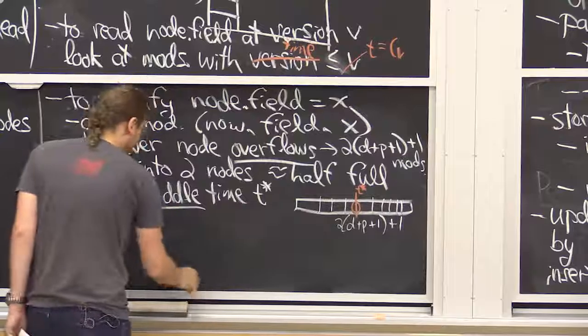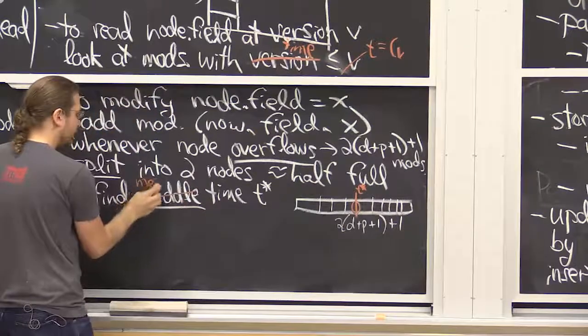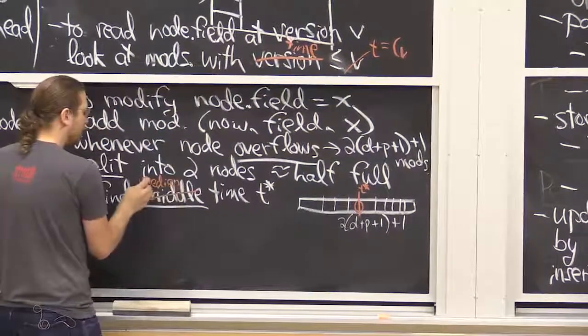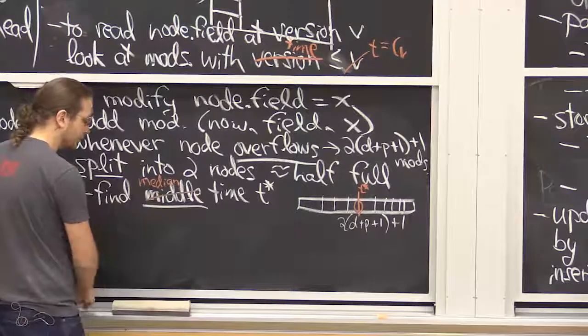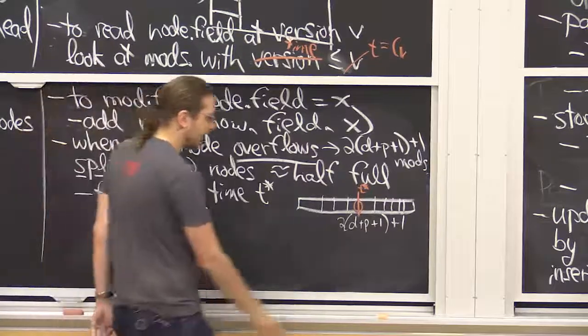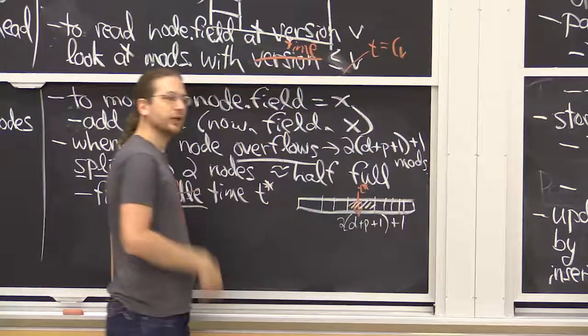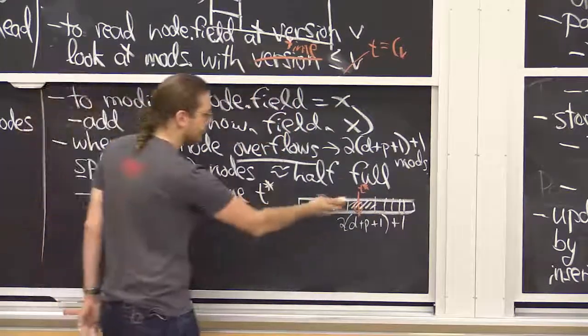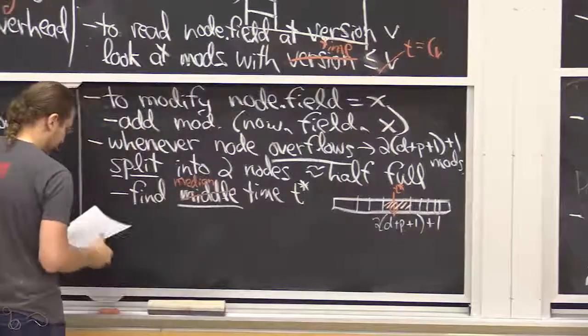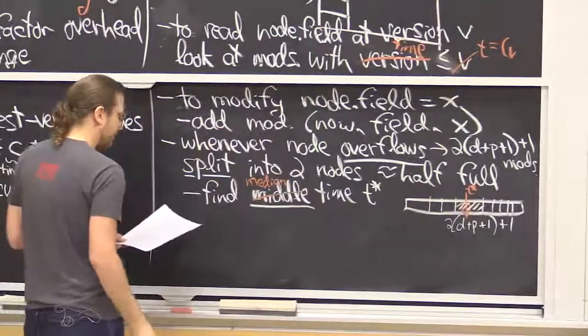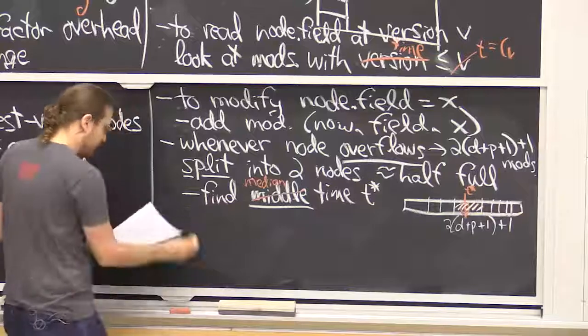Median would probably be a better word here. Let's call it the median time among all of the mods in this node. Call that t star. I'm going to treat all of the mods that use that same time t star in the same way. That's why I drew these vertical lines to separate the different times. So that's the median time t star.